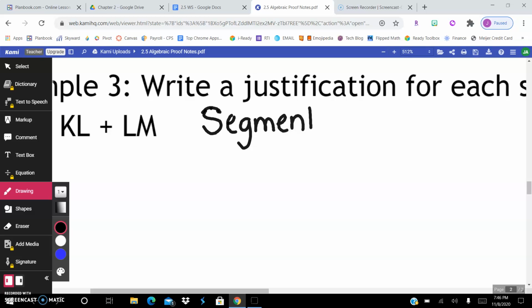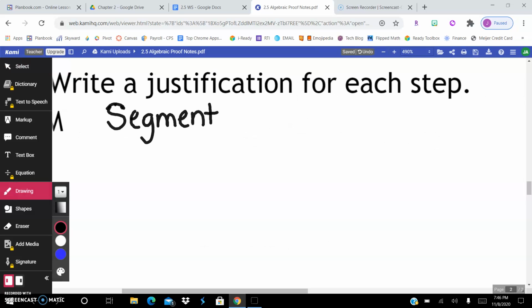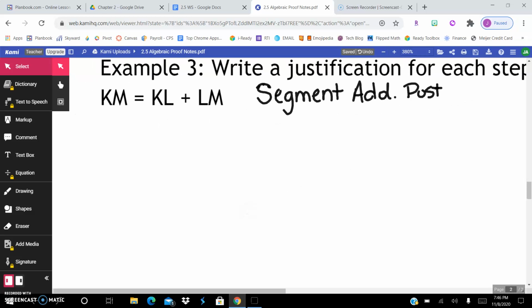So if you still have those notes, you might want to pull those out and find all those postulates that we talked about. If not, I will post a document here on Canvas with all of those on it as well, because you are going to need all of them.